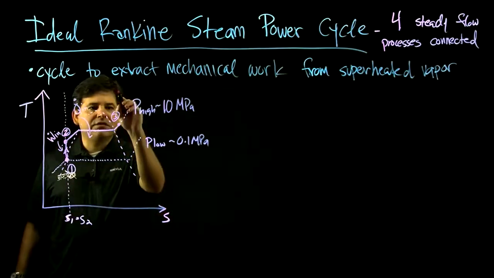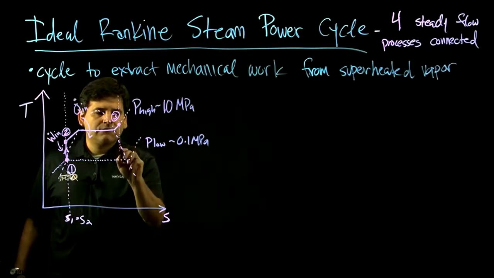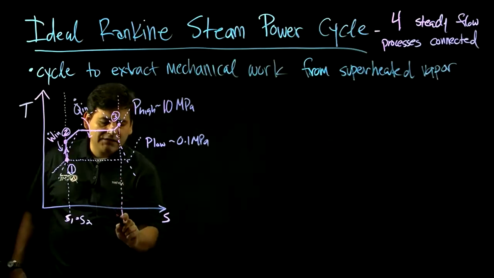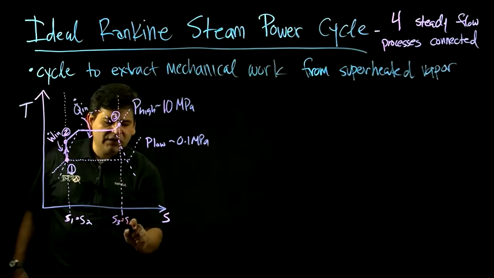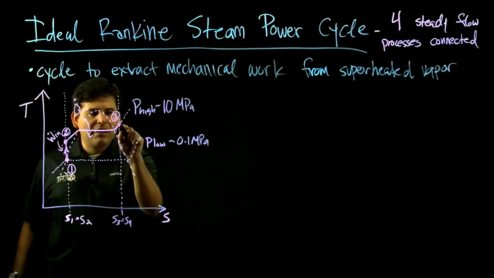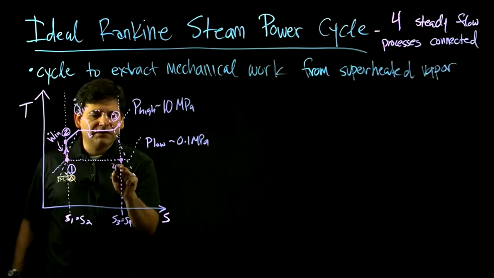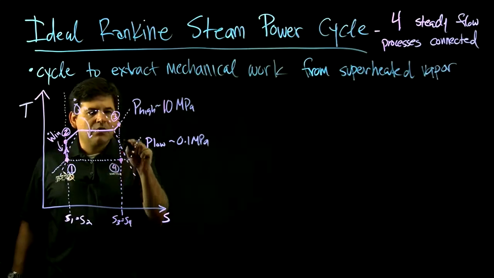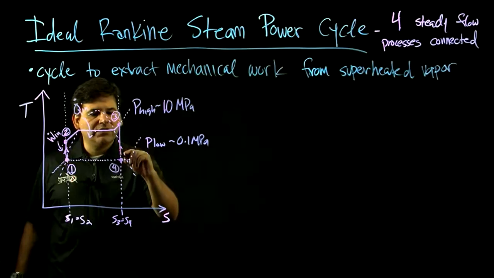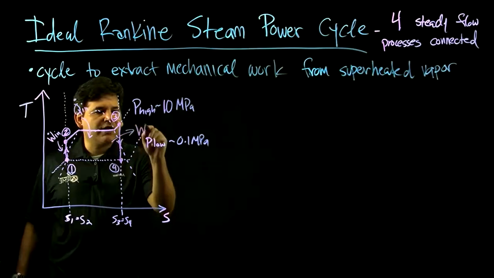So again, it's going to be a vertical line where S3 equals S4, an isentropic process from high enthalpy to lower enthalpy at the exit of the turbine. And the whole point of that is to get from state 3 to decreased enthalpy, and what you get from that is some mechanical work out.